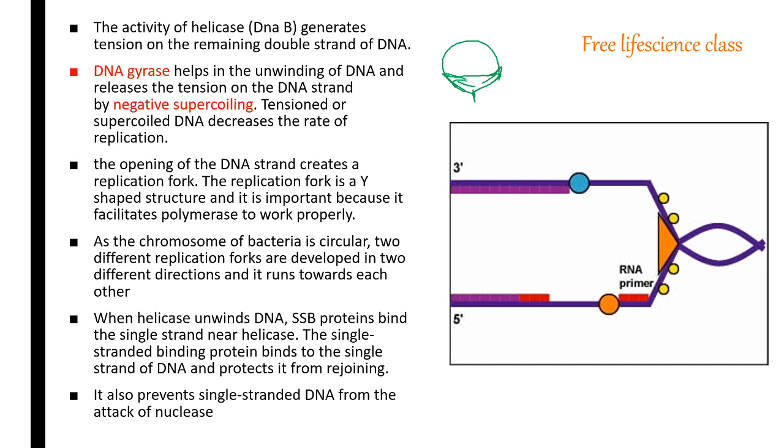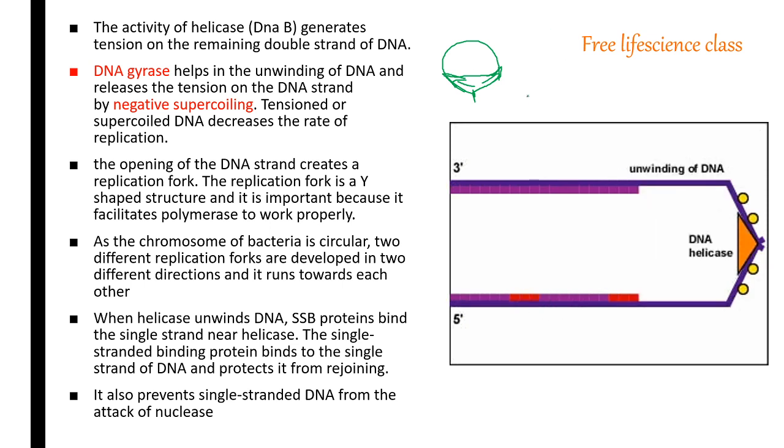When we compare it with eukaryotes, they have many replication forks because DNA in eukaryotes is very long and very complex. If there were only two replication forks, the DNA replication would not end in a few hours. It would take days.